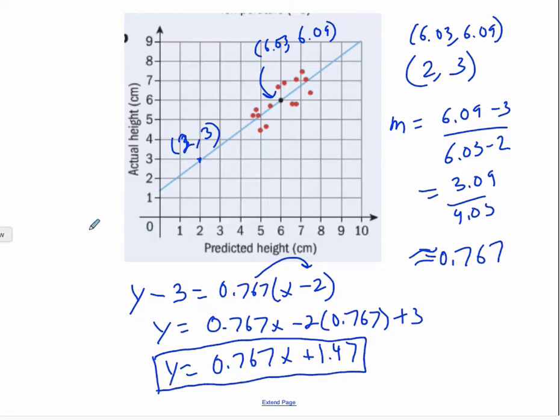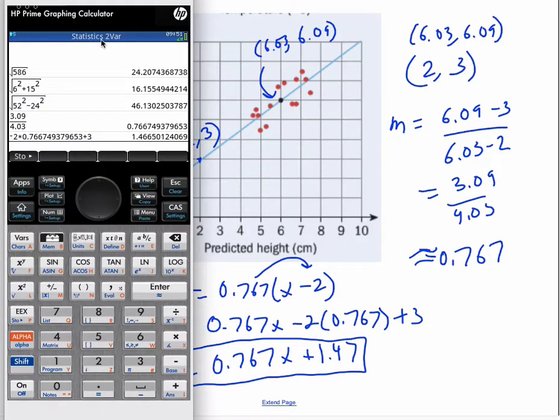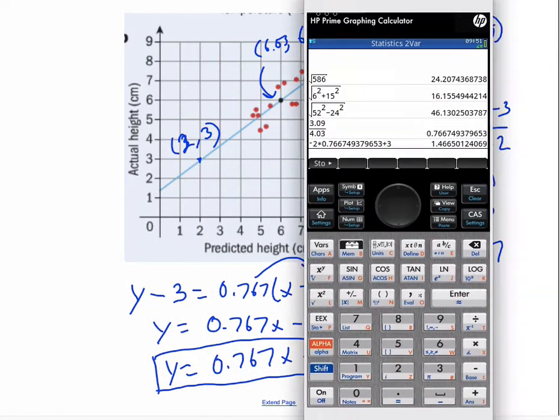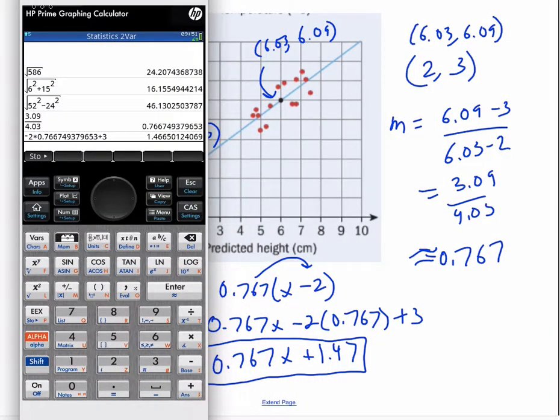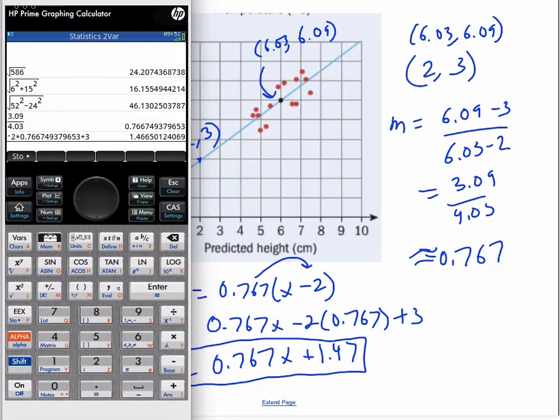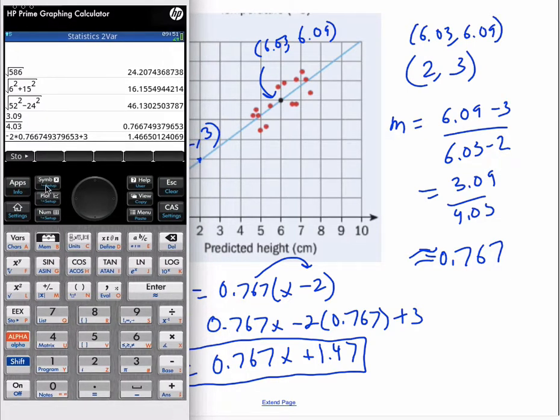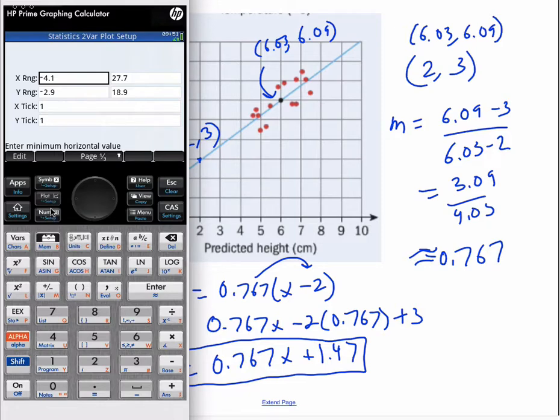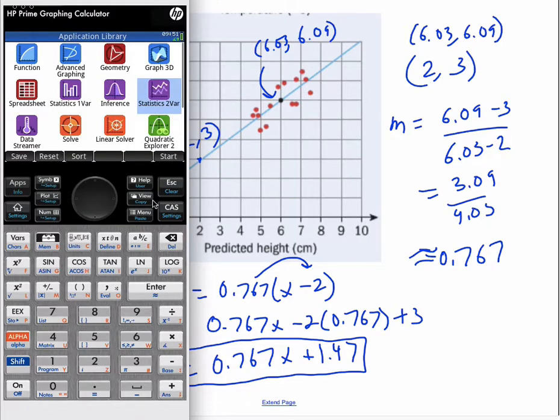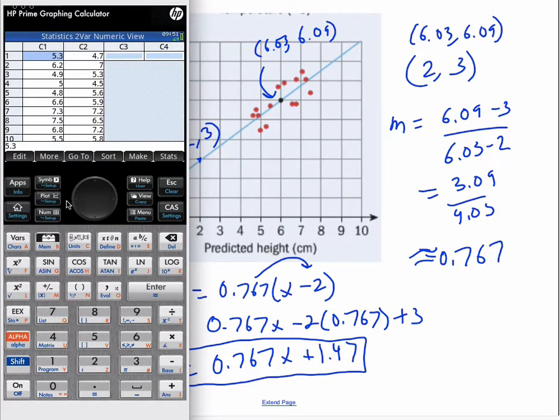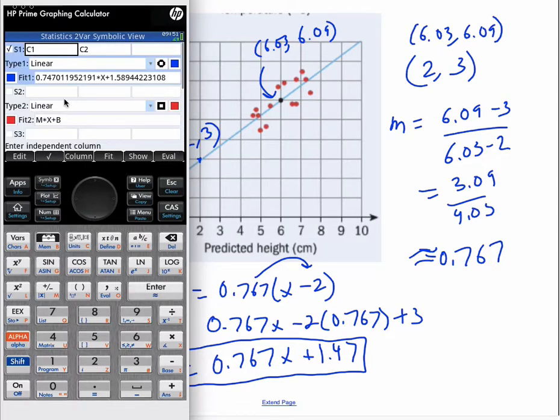Your calculator can do an even more accurate version called a linear regression equation. And in order to get the linear regression equation on the HP Prime, I believe we need to go to apps, statistics again. Click on symbol, and there's the equation right there.